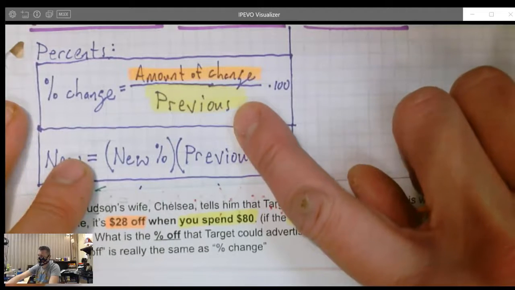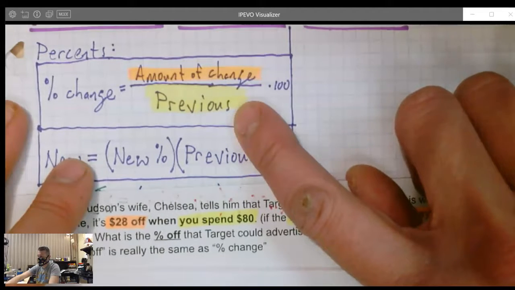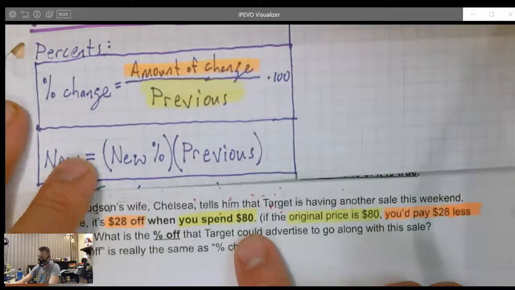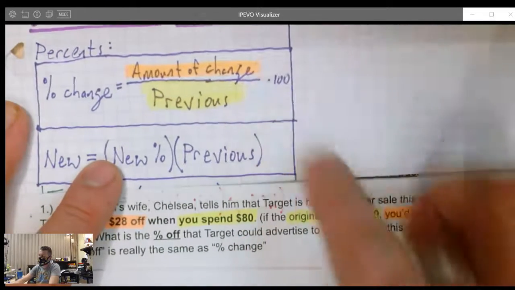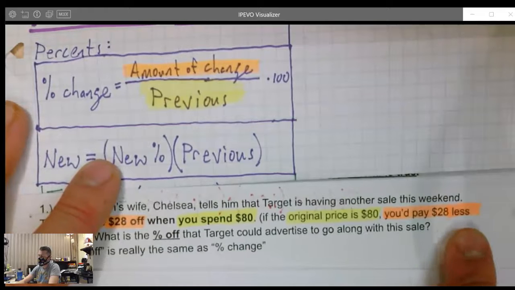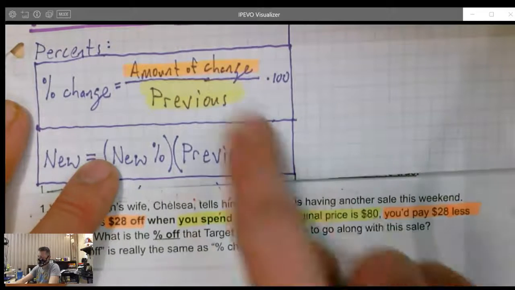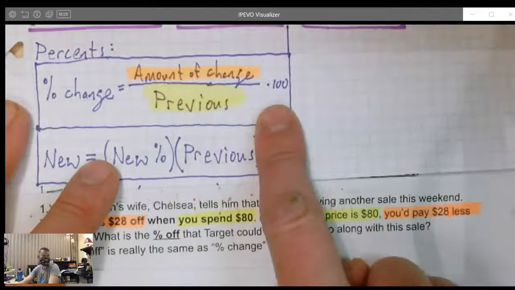So in this situation, the before is the price it would have been. The amount of change is the amount Target takes off, right? That's our change. Our price comes down. We do the division, and why do we multiply by 100?